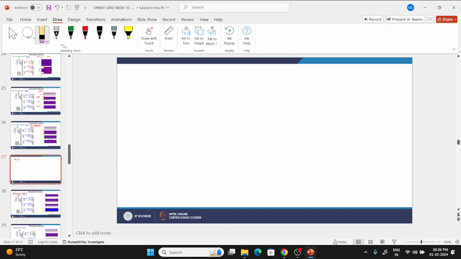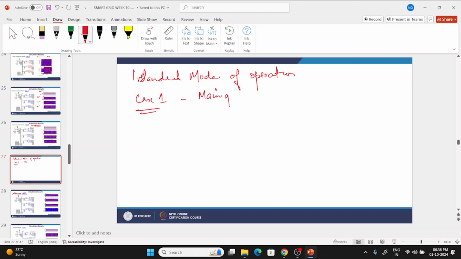What are the cases we are going to analyze in the islanded mode of operation? Case 1. In islanded mode of operation, the main grid will be disconnected. Main grid disconnected. It will be constant for all the cases.